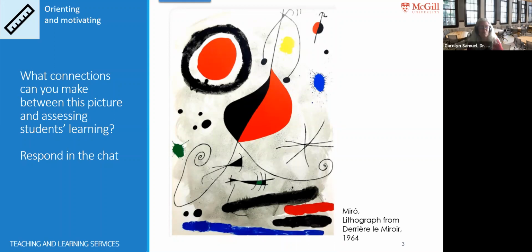Again, we have that awkward moment. People need thinking time. There we go. Multiple ways of seeing it, just like there are multiple ways of seeing this picture. Different ways, different students learn in different ways, diverse, Miro dancing in red and black, knowledge of contemporary painters.